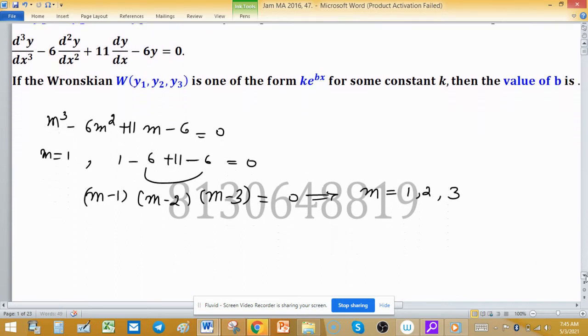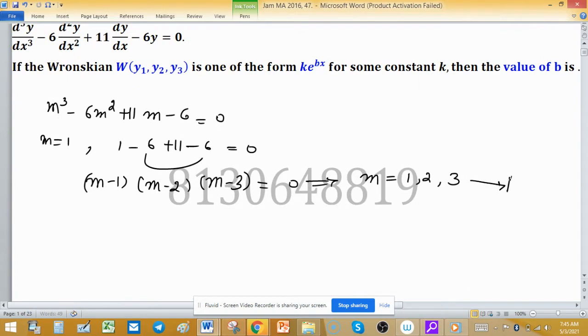These roots are real and distinct, so the complementary function will be y equal to c1 e^x plus c2 e^(2x) plus c3 e^(3x).